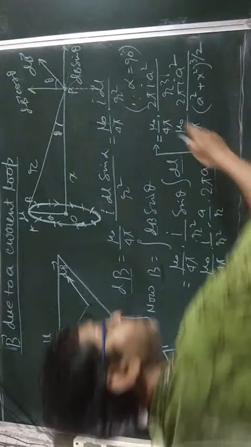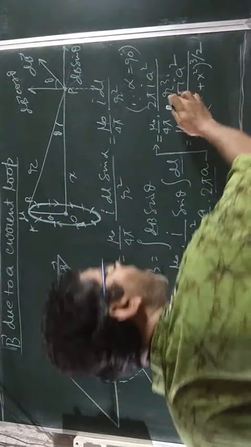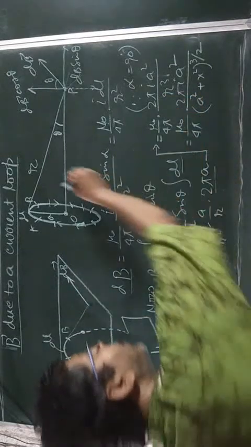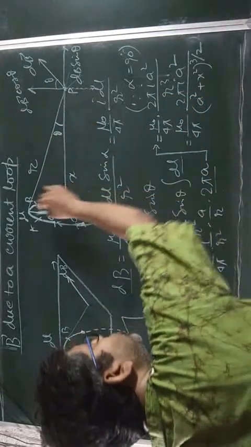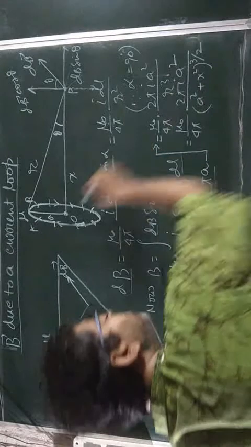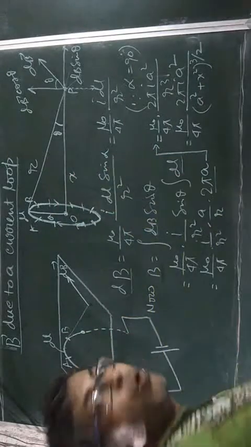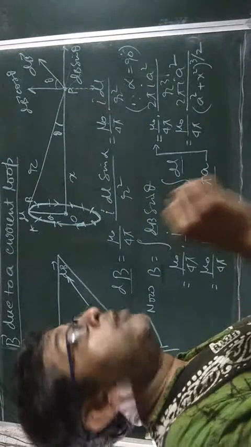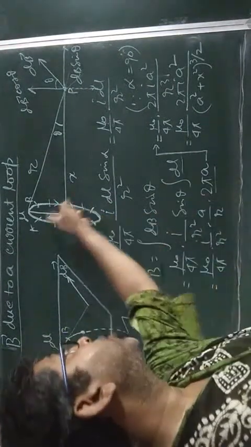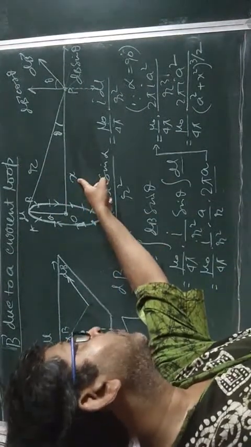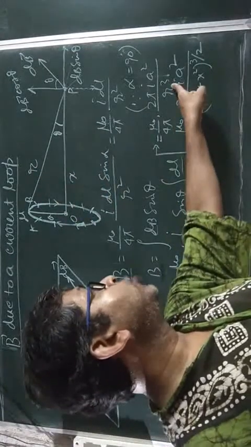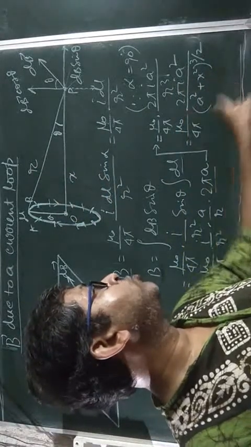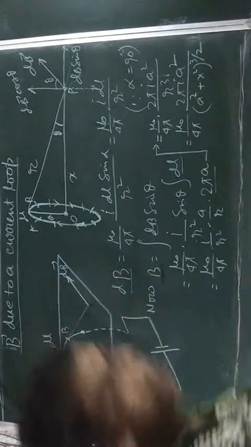So the net expression will be this, and what is r? r is by Pythagoras under root a square plus x square, that means a square plus x square to the power half, and it is r cube, so a square plus x square to the power 3 by 2.